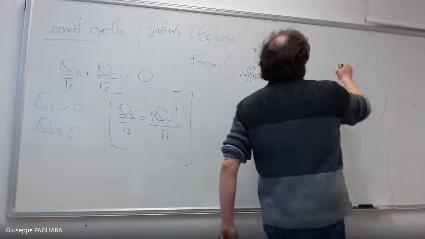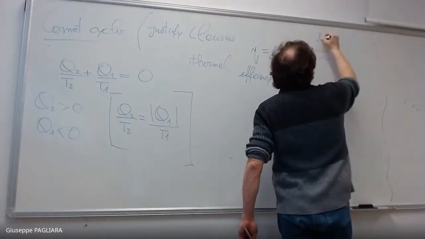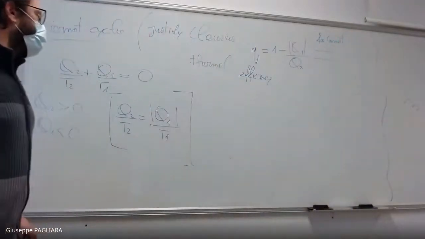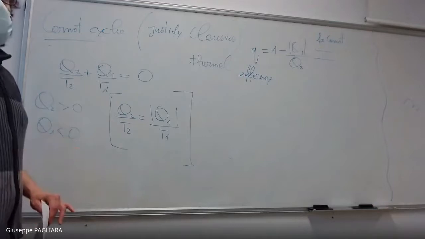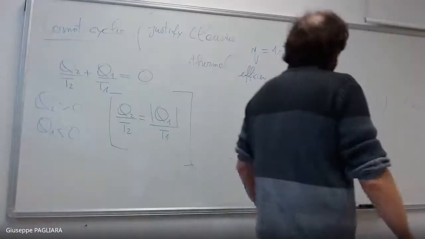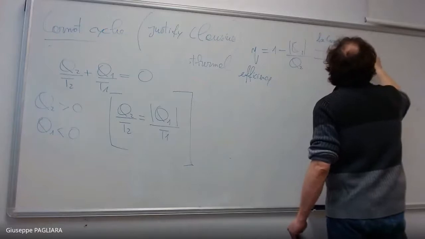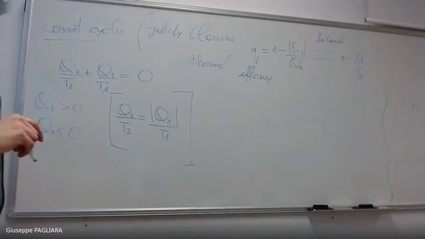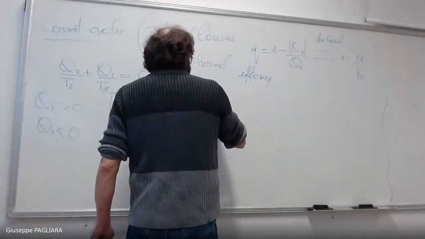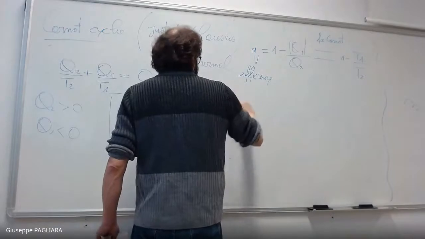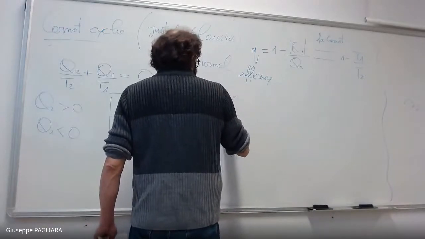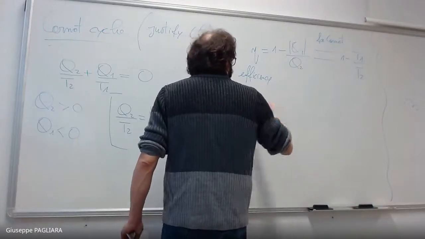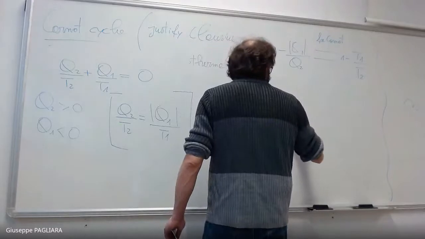Now for Carnot, just for Carnot, the ratio between Q1 and Q2 is just the ratio between the two temperatures. So this is 1 minus T1 divided by T2, just for Carnot. But we know that in general, for a real machine, the efficiency, let's say real, must be smaller than the efficiency of Carnot.